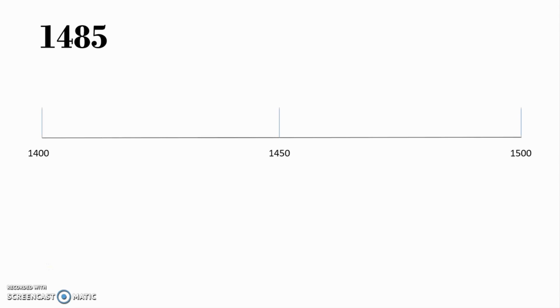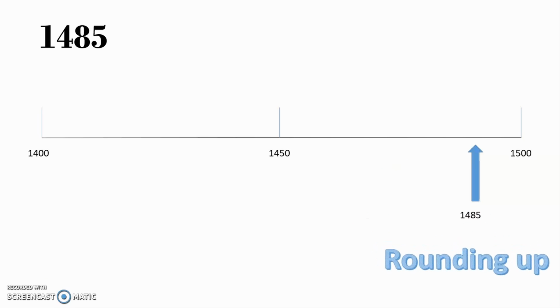Let's suppose that there were 1,485 persons present at a concert. Now, 1,485 actually lies right here on a number line. We could see that there were approximately 1,500 persons present.